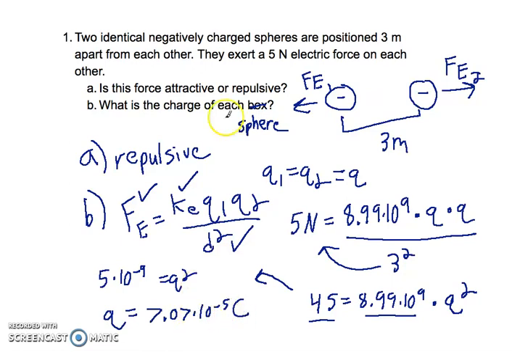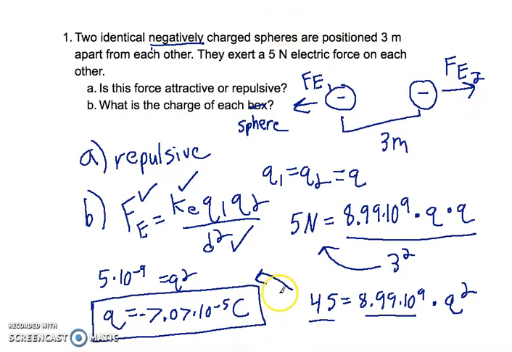And we got to remember it said they're negatively charged, so it's going to be negative 7.07 times 10 to the negative 5th C for coulombs. So that would be how to calculate the charge. So again, that's the problem. We took 2 charges, we realized that they're repulsive. We're calculating the charge of each of them by using Coulomb's law. And that's about it. Make sure you have this down.